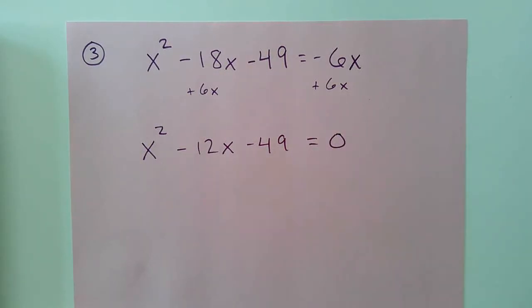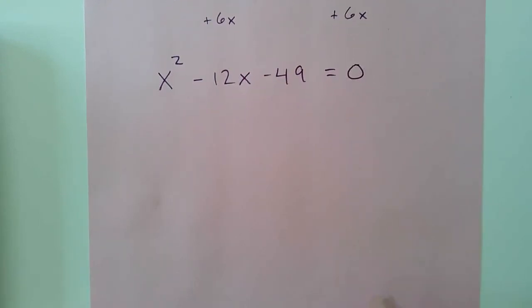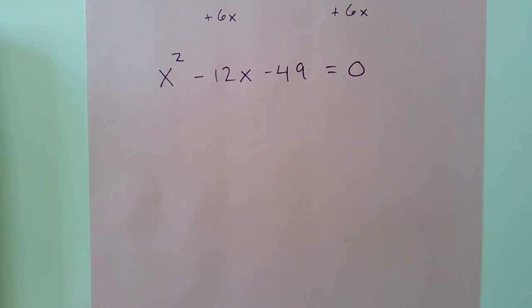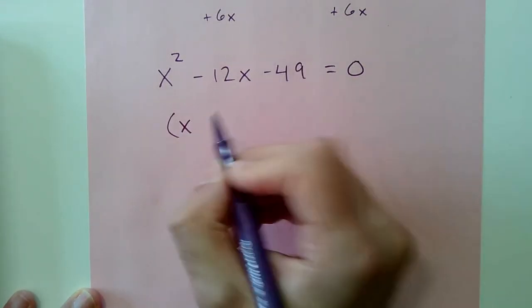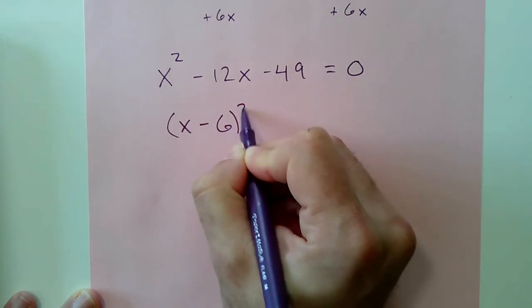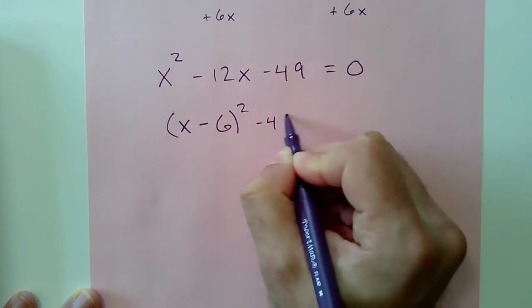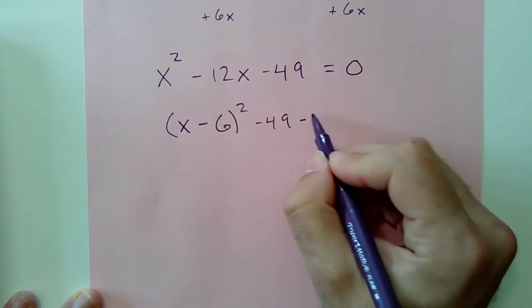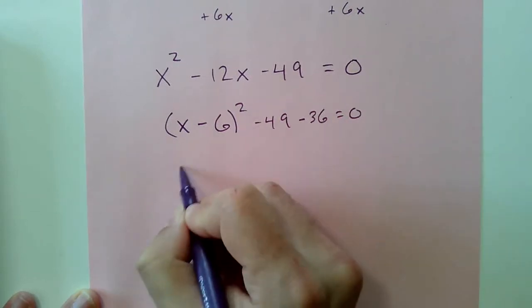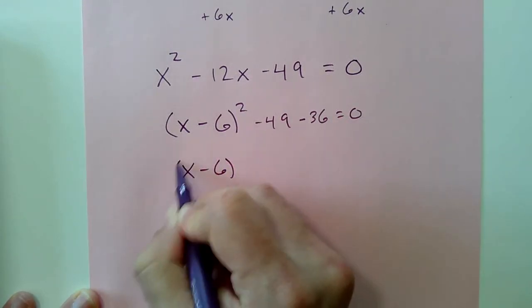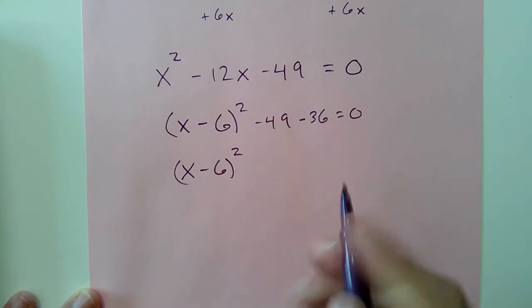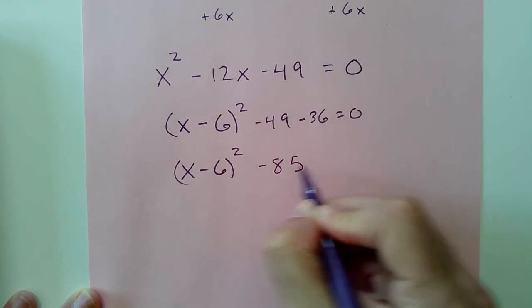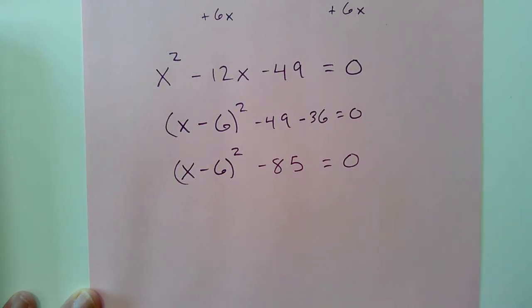And now we would finish this off by solving or converting to vertex form and then solving. So let's go ahead and do that. I'm going to do it a little shorthand here. Negative 6 squared, negative 49, and then I have to subtract 36. So that's going to be x minus 6 squared, negative 49 minus 36, negative 85 equals 0.